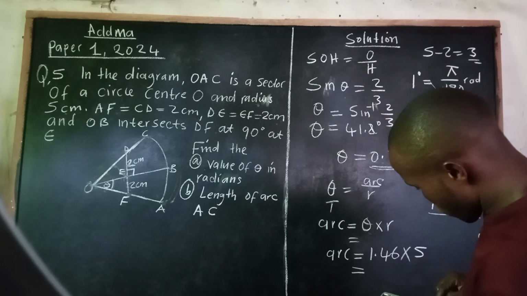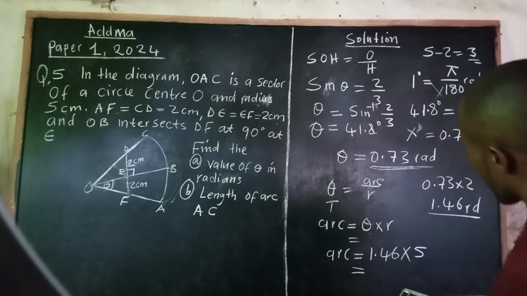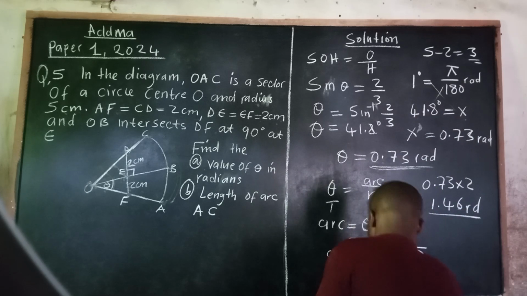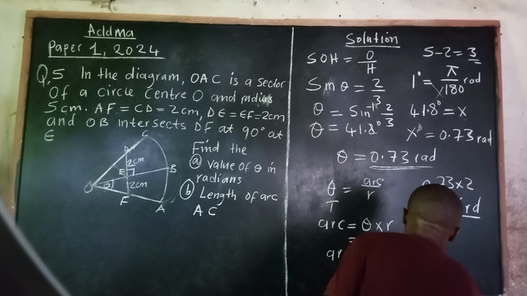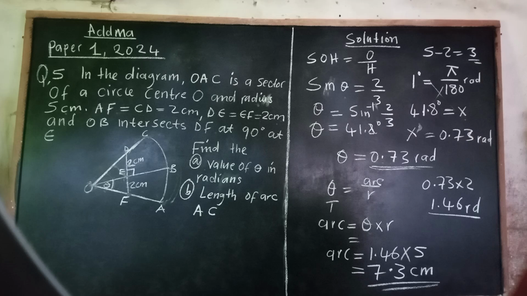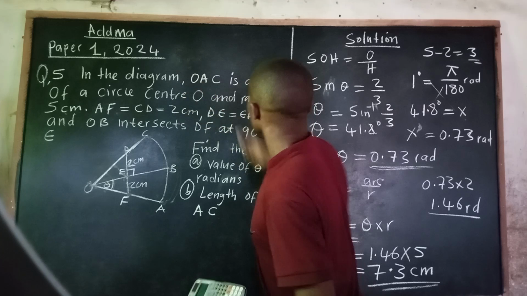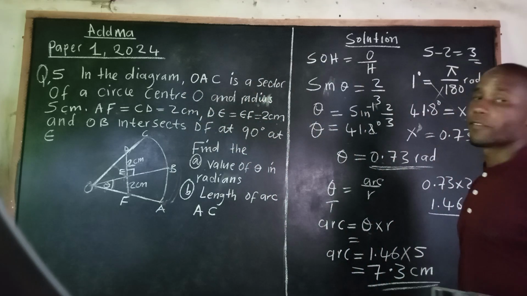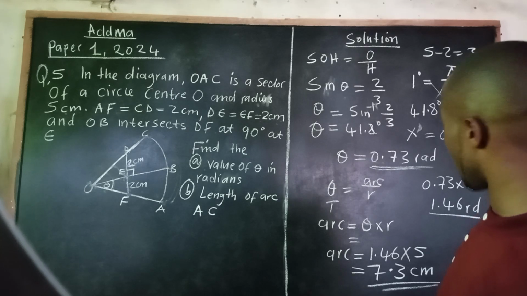So now when we multiply this, what are we going to have? The answer is going to be 7.3 centimeters. Okay, these are the units, centimeters. No wonder even on the arc we have put centimeters as our unit.